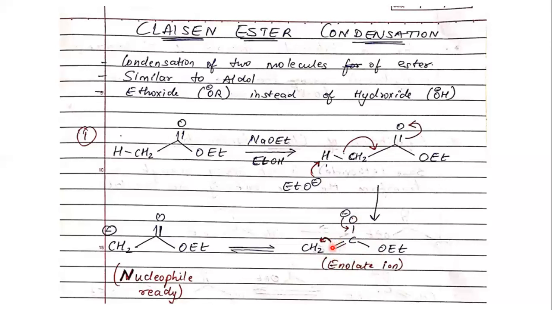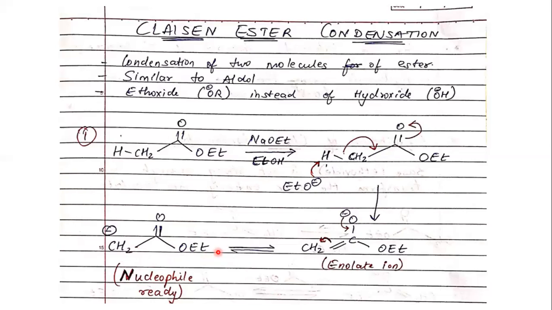The electrons from this double bond will move onto this carbon, so now this carbon will get a negative charge. The negative charge on the oxygen will move back and form the double bond. So now my nucleophile is ready. This is the first step of the mechanism of Claisen ester condensation. My nucleophile is ready using one molecule of your ester.